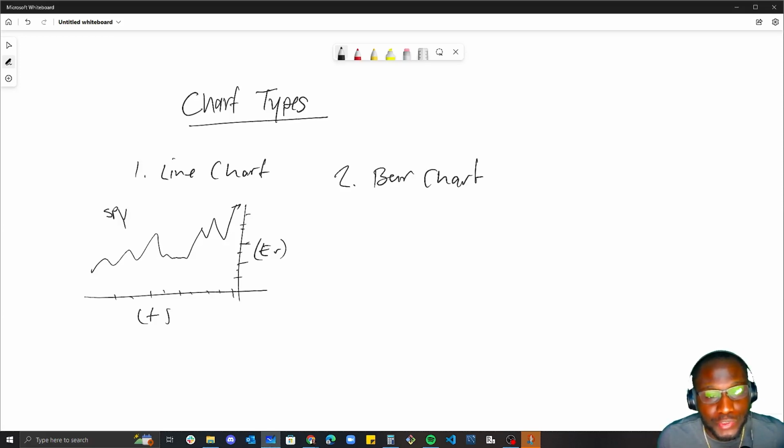I don't use this one. This basically looks like this. Like this is the high, and you have the low here.